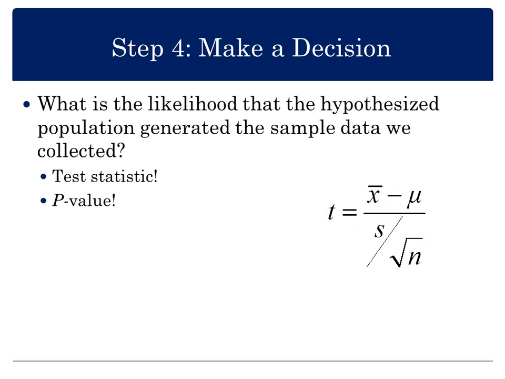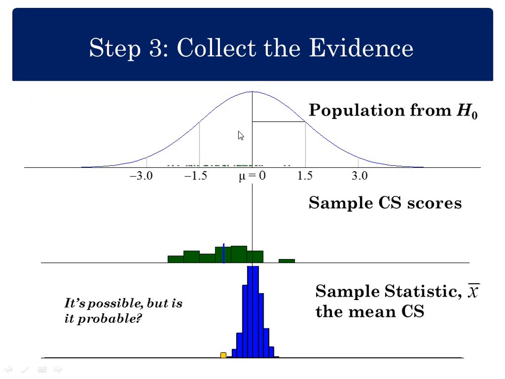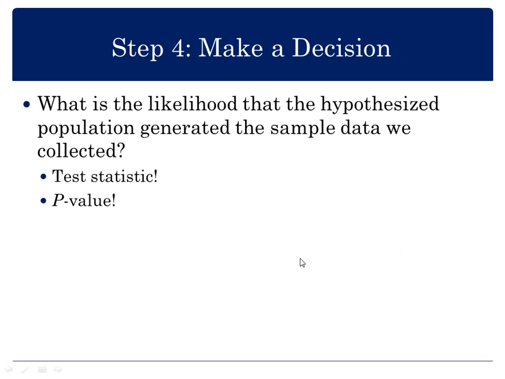It looks like a standard error. Now again, don't get bogged down in the notation. There's an S here instead of a sigma, and the reason is because we never really know what the population standard deviation is. So we estimate it using the sample standard deviation. But regardless, the bottom of this formula is the standard error of the sampling distribution.